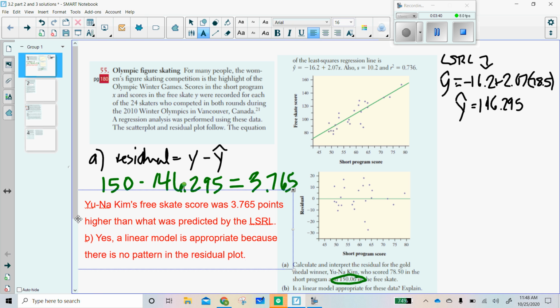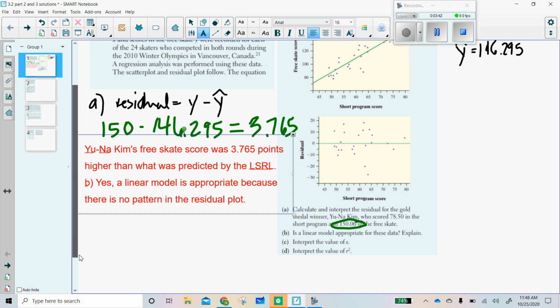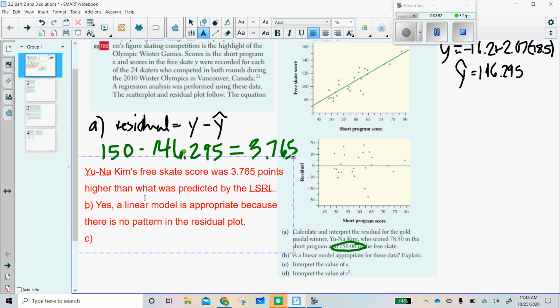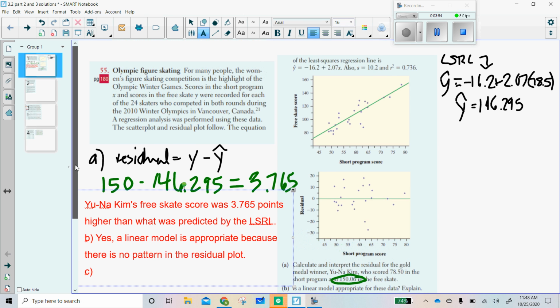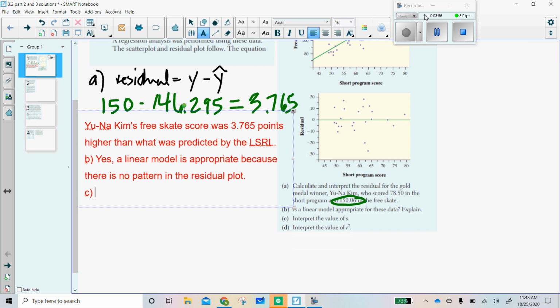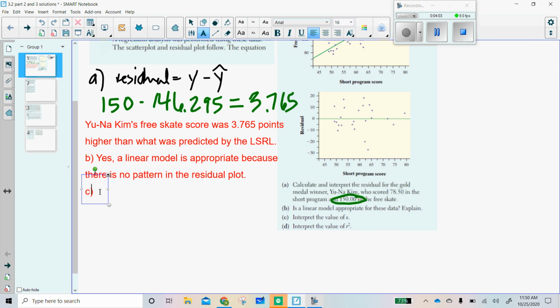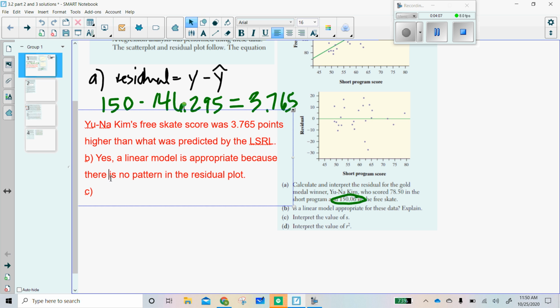The next two questions ask us to do some interpreting. So we should use those scripts that I have given you before. If I want to interpret the value of S and then interpret the value of R squared, S was 10.2. Your book says it one way, and it is good, but the script that I had given you before said something along these lines.